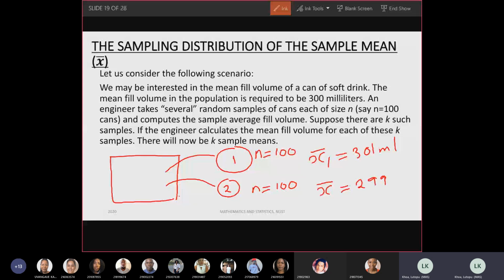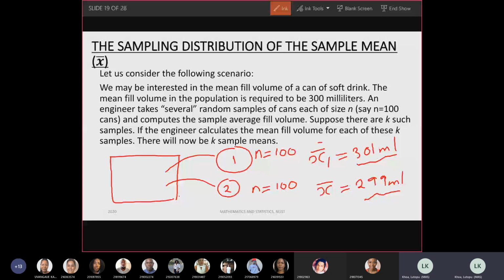Okay, and then you keep doing this. Then after that, you take the average of all of these. So you add them all together and get an average of the averages. This is an average of this sample, this is an average of that sample.